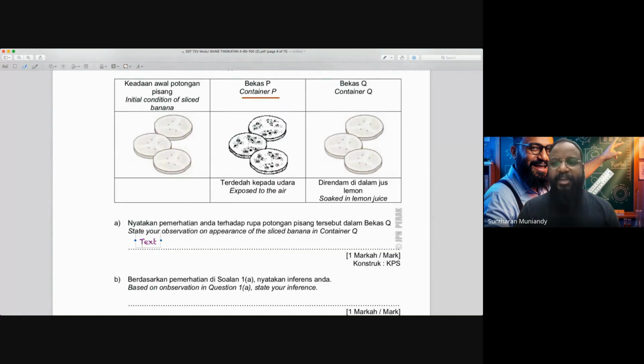In container Q, state the observation on the sliced banana in the container Q. So you follow what they have inside your table as well.